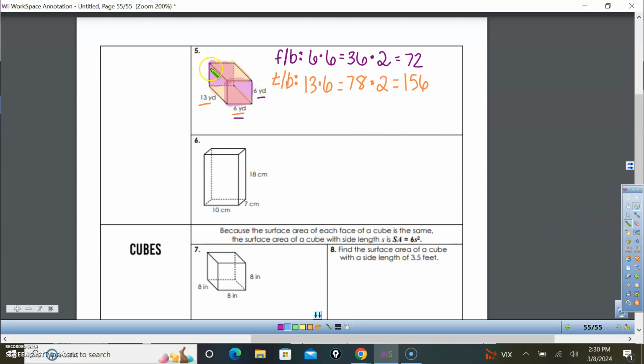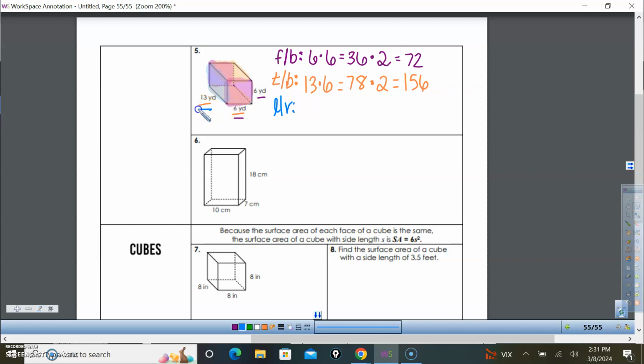And then last but not least, I'm also going to be looking at the left and the right side of my shape here. So I like to put L/R for left and right. You can see I've got that highlighted in blue. So for my left side right here, I can see that this shape is 13 yards wide. And then if I go straight up and down right here, it is 6 yards tall.